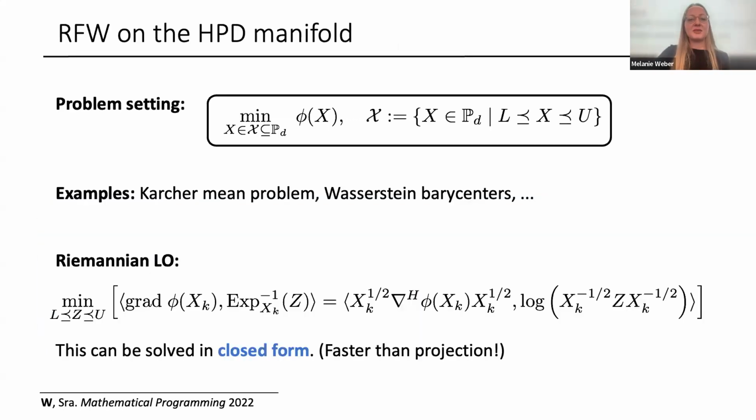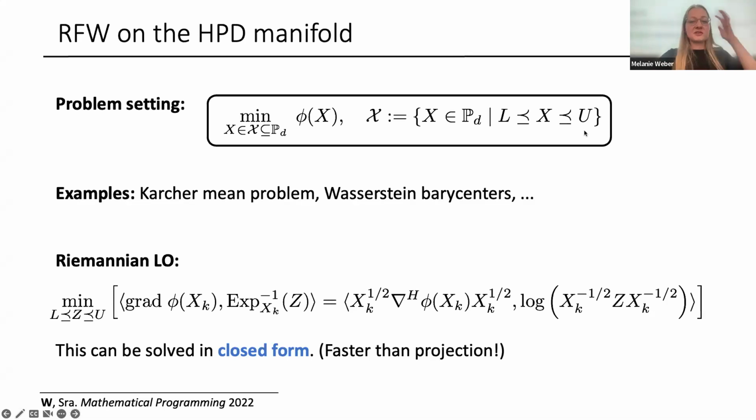But of course, the more interesting settings are where we can actually solve the subroutine in closed form. And one such setting where we can do this is the following. Here we work on the manifold of positive definite matrices, and our constraint sets are interval constraints.